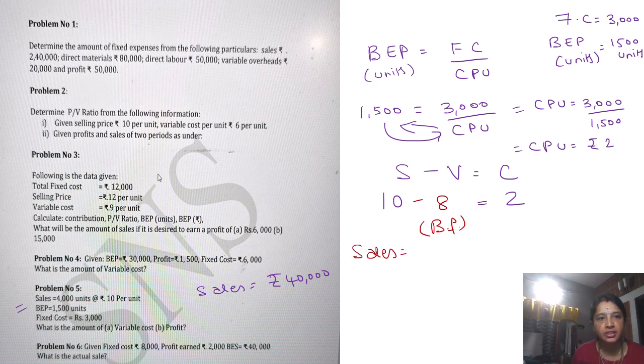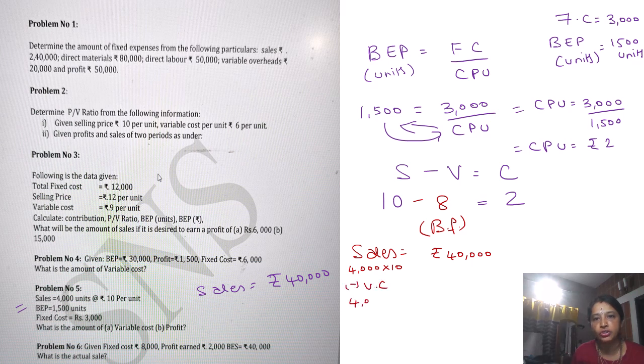How much is the sales? Sales is 10 rupees per unit, so 10 into the 4000 units they have given. Your sales is rupees 40,000, less variable cost.